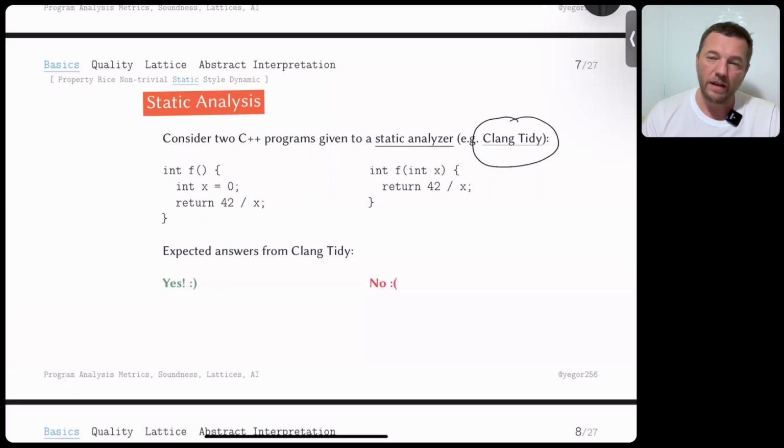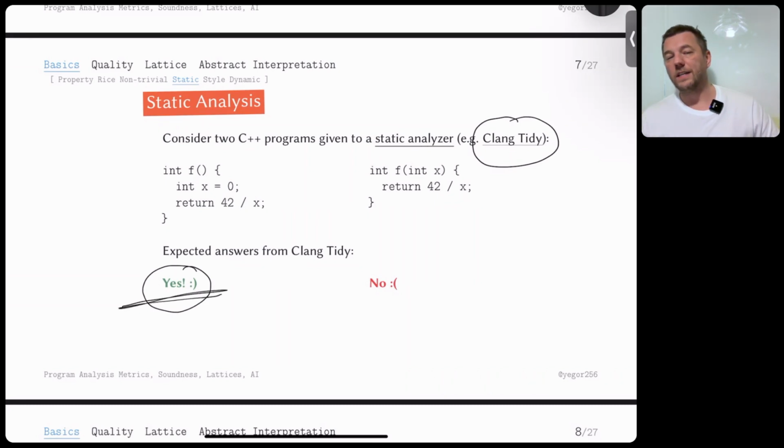For the program on the left, this analyzer will tell you that there is a bug there. It will tell you that when you execute the program, you're going to get a division by 0 error. And this answer from the static analyzer I consider a yes answer. The analyzer is supposed to find problems.